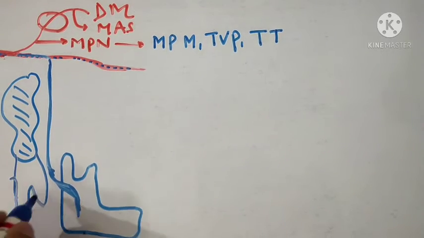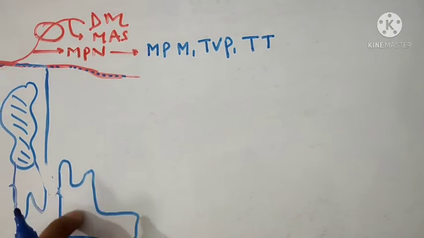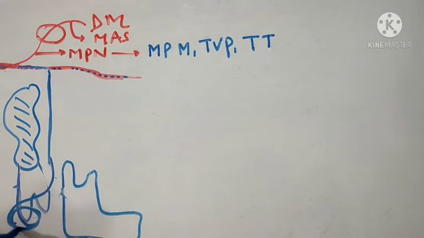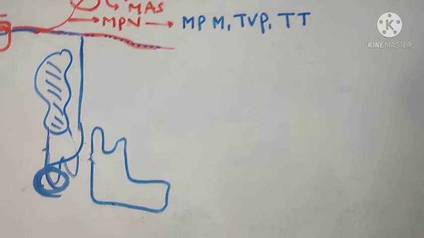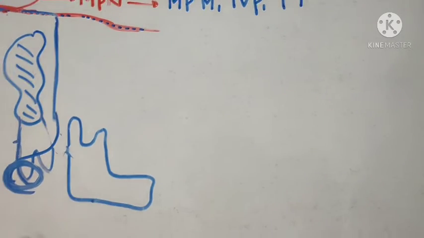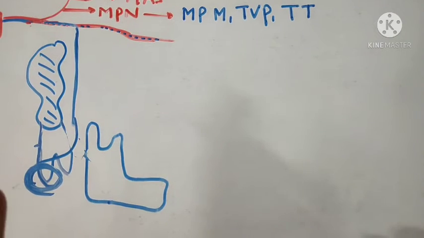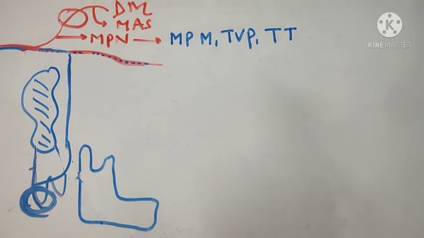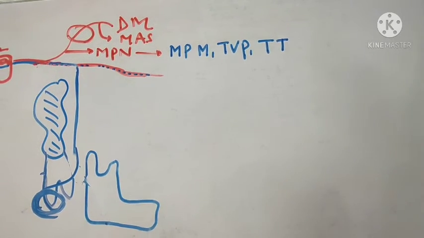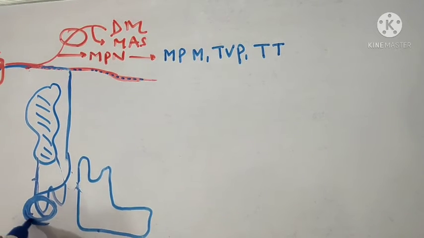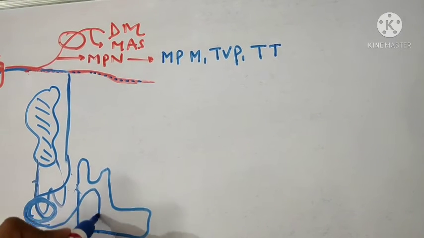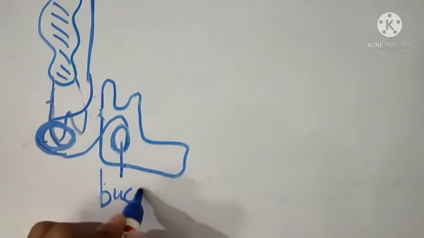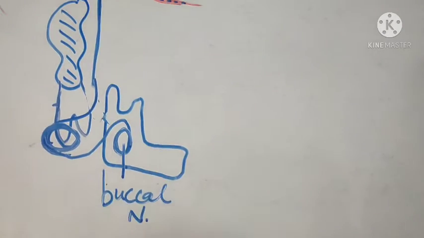I am not going to make a good diagram, guys, I am just visualizing it for you. It runs medial to the lateral pterygoid, between the two heads, binding onto the upper head, and comes onto the external surface of the ramus of mandible, and this is the buccal nerve.